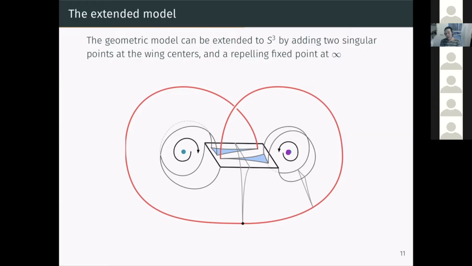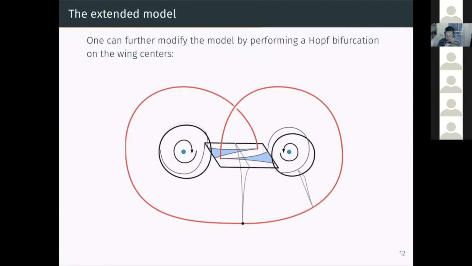Okay, I want to complete this geometric model to S3. So I'm adding these two fixed points, and I'm making this direction their unstable direction. I can do that because the geometric model was not defined in this piece, so I just add another piece here. Then I'm performing a Hopf bifurcation.